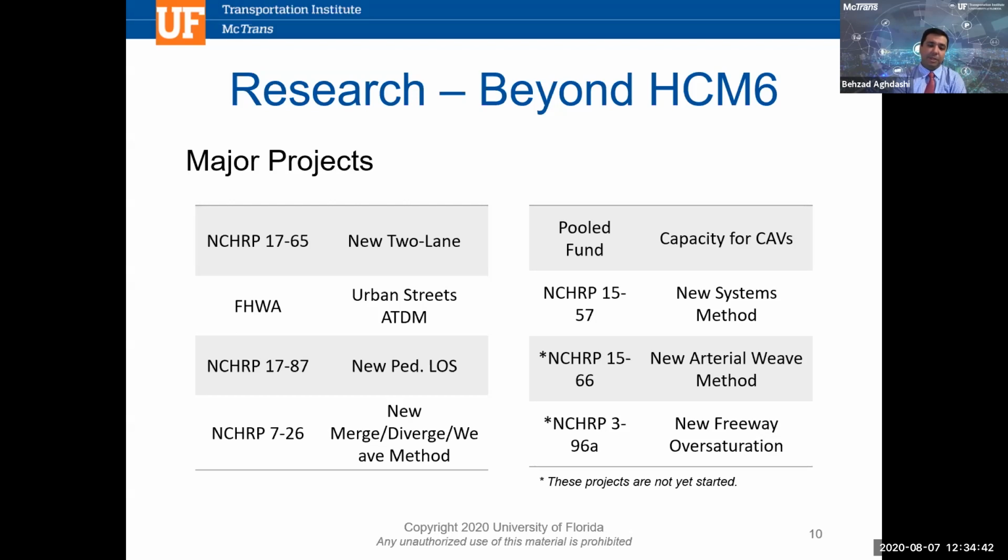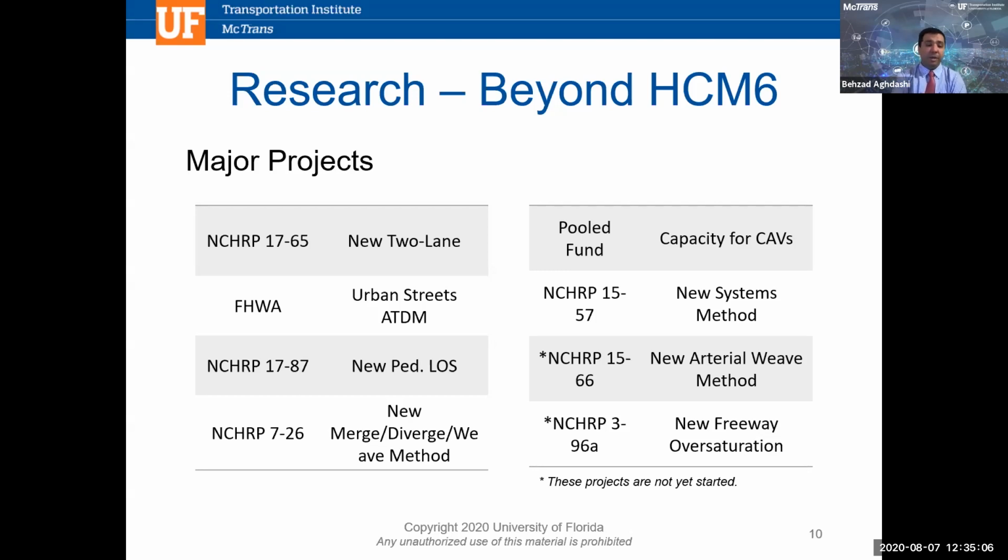Strategies such as reversible center lanes, dynamic lane grouping. These are basically methods that right now we have within HCM. Of course, not within HCM6, but it will be added to the HCM. NCHRP 17-85 generated new pedestrian LOS methodologies, a revised one.